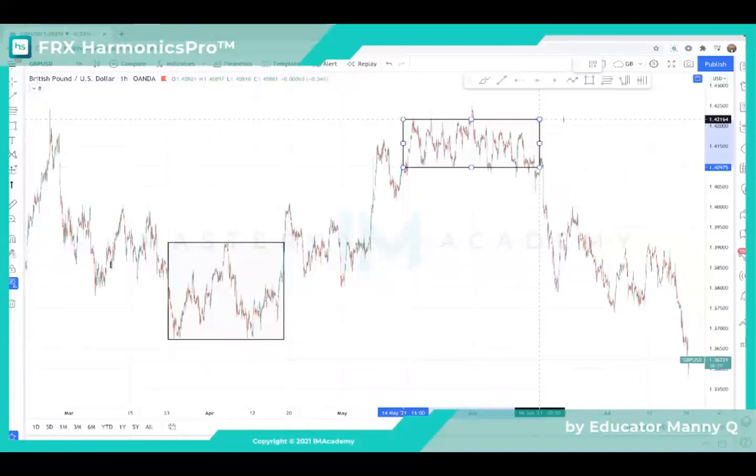What I want you to notice is that within these ranges, once the market was officially done with this range, the market gave us a big push up, and we began a new uptrending market cycle, going all the way up until eventually the market started going into a long, strong sideways range.